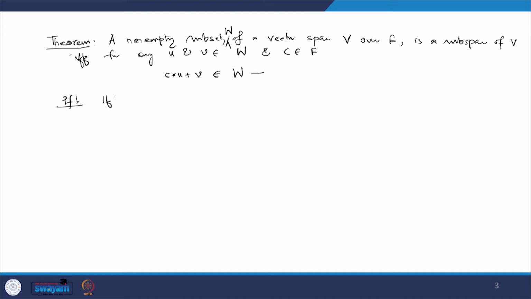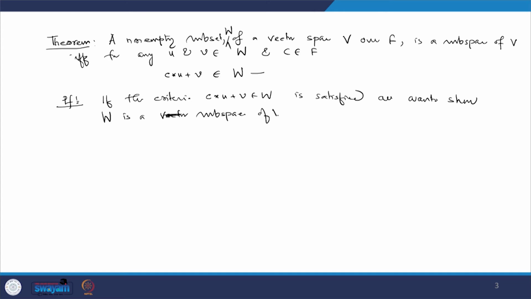Now, if the criteria that c*u + v belongs to W is satisfied, we want to show W is a vector space, as W is a subspace of V. I mean to say, I have to check with this given criteria that W satisfies the closure property with respect to multiplication and that W is an abelian group, because the rest of the axioms with respect to scalar multiplication are basically axioms of V, and W is a part of it, so it will satisfy them.